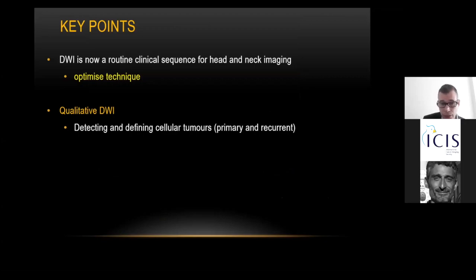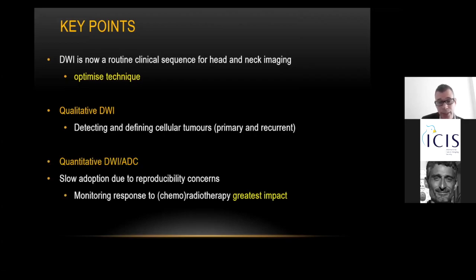Qualitative DWI is incredibly useful in defining cellular tumors, particularly in the recurrent tumor situation, due to the difficulties with distortion of the tissue planes and making it difficult to evaluate structural sequences in this situation. And finally, in terms of quantitative DWI, this has had slow adoption due to reproducibility concerns, but it looks like the most useful situation and where it's going to have greatest impact will be in monitoring the response to chemoradiotherapy.